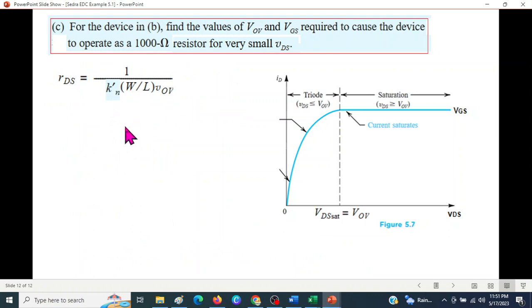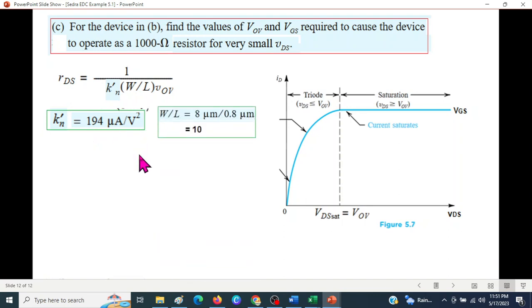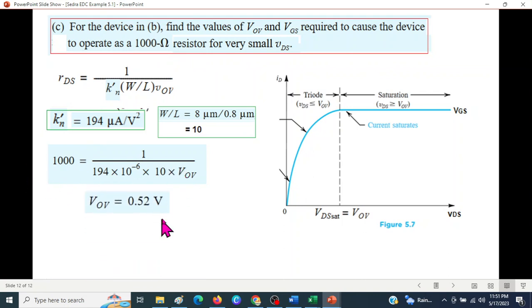Now we'll plug in the value of Kn dash we had calculated earlier. We'll plug in the value of W over L, which is 10, and we'll also plug in the value of the resistance desired, 100 ohm. So from here we'll find the new VOV.